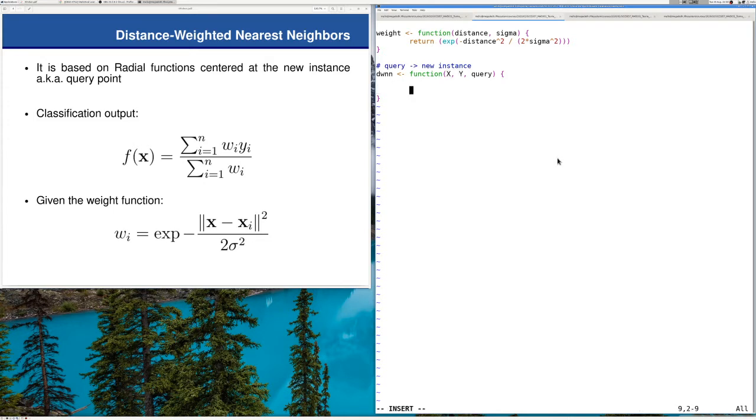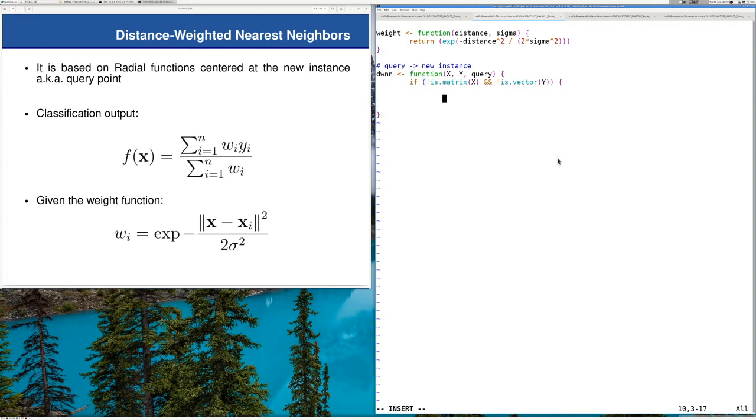So in this case, what I'm going to do is basically this. I will compute the distance that I have from every input instance to my query. And that's not difficult to make. Of course, I'm going to test something here. If my X is not a matrix, and if my Y is not a vector, I will not run.